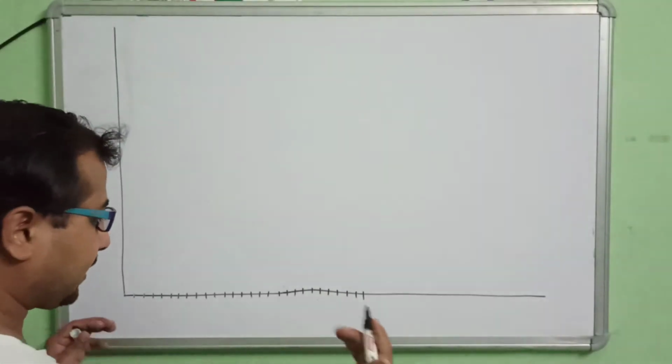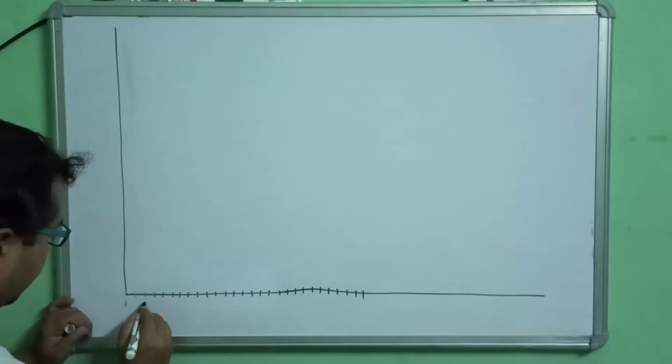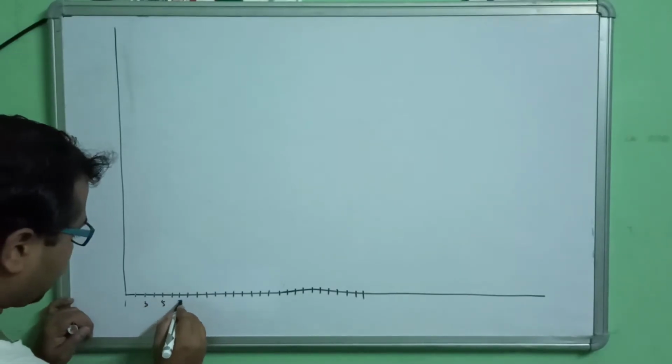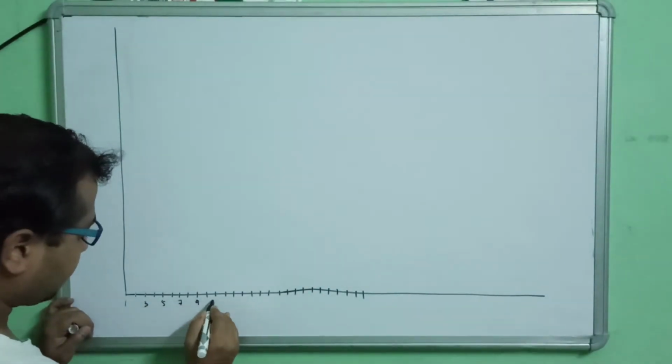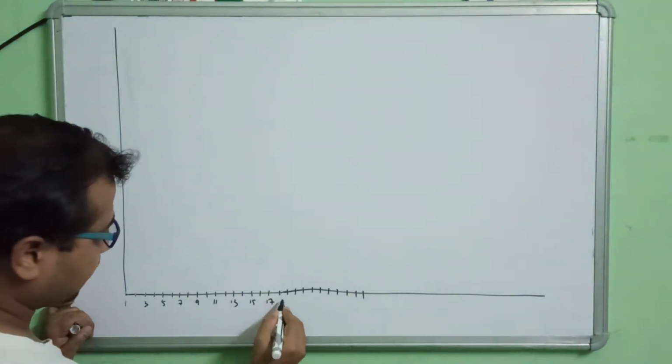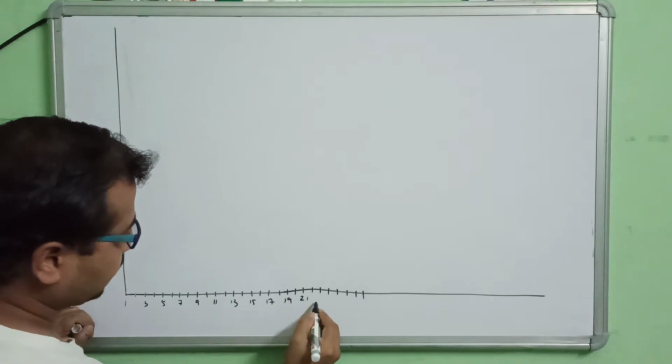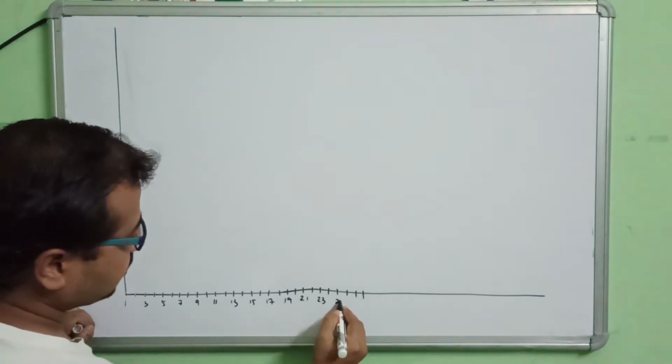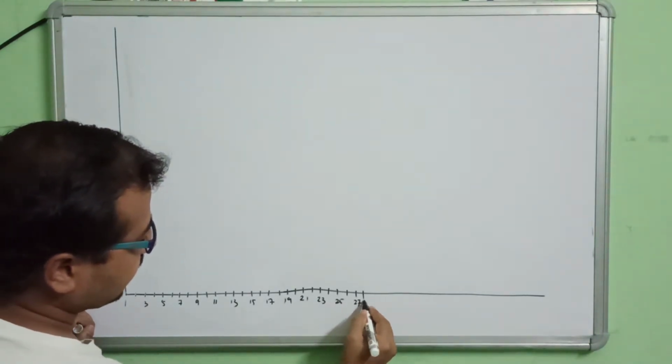Now see, 28 days we have marked. Now let's number them: 1, 3, 5, 7, 9, 11, 13, 15, 17, 19, 21, 23, 25, 27, and this is 28.